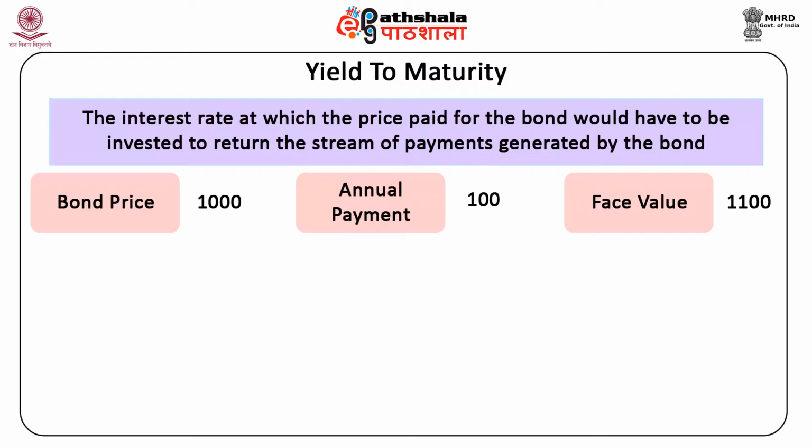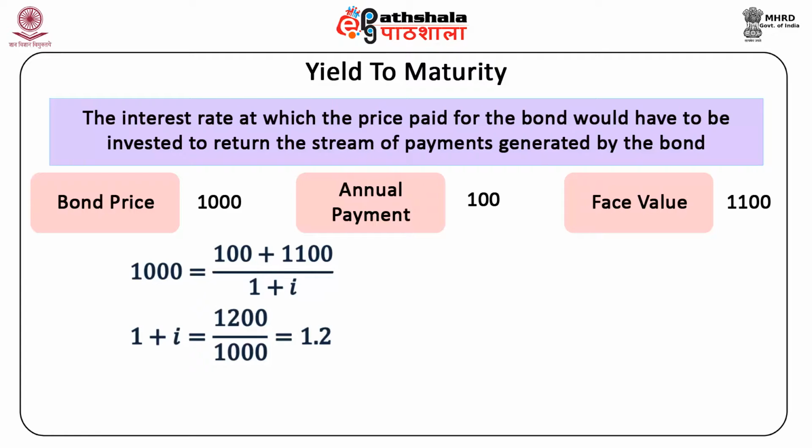Thus, the yield to maturity on this bond is the interest rate i which satisfies the following condition. 1000 is equal to 1100 upon 1 plus i plus 100, which implies 1 plus i is equal to 1200 upon 1000, which is equal to 1.2. Hence, yield to maturity for this bond is 20%.